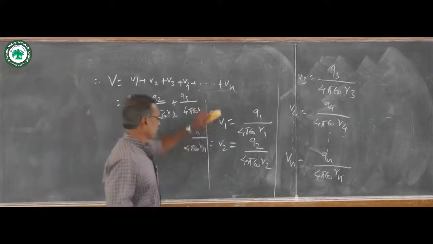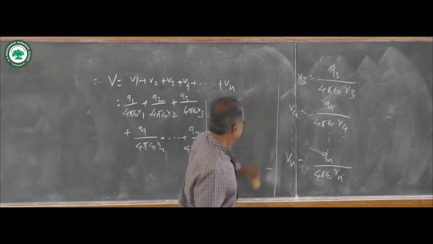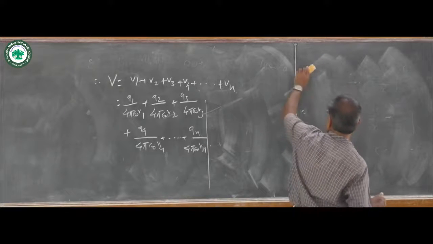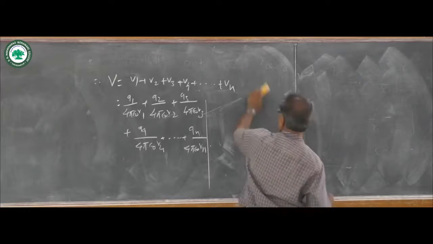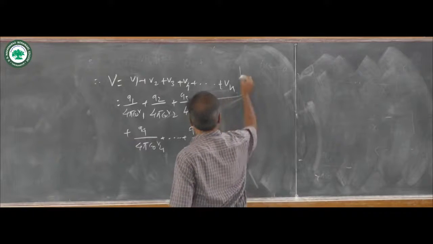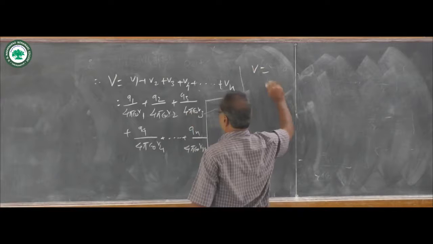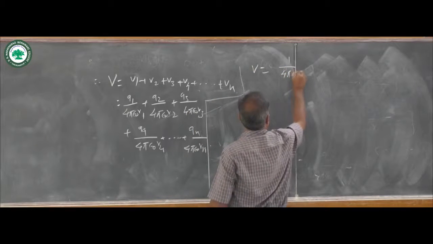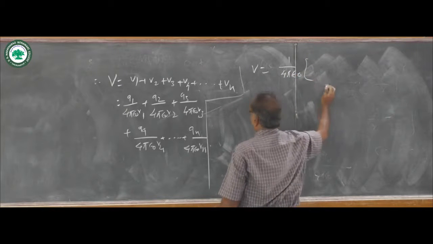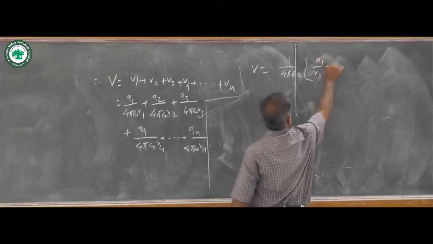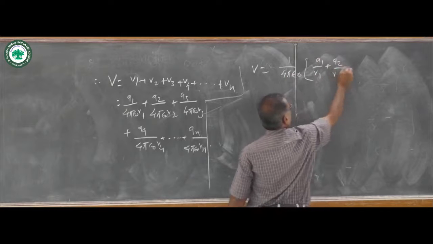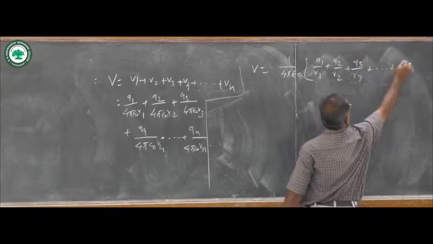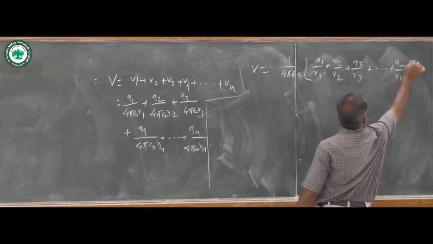Take the common factor from this equation. V equals 1 upon 4 pi epsilon naught, and in brackets Q1 by R1 plus Q2 by R2 plus Q3 by R3 plus Qn by Rn.